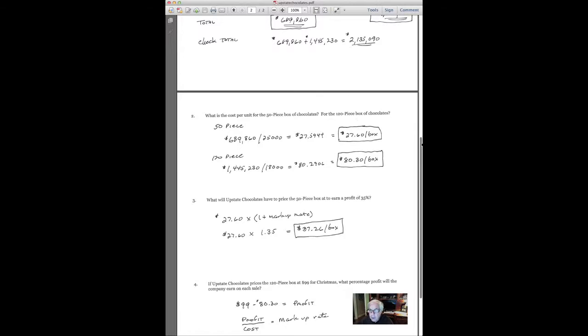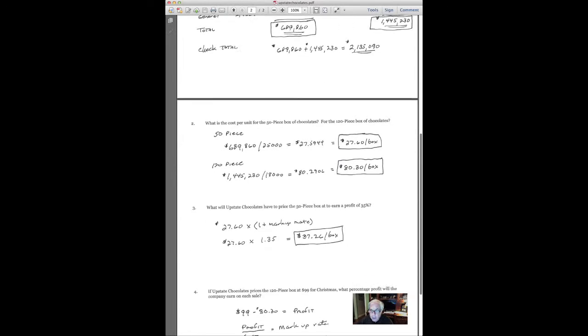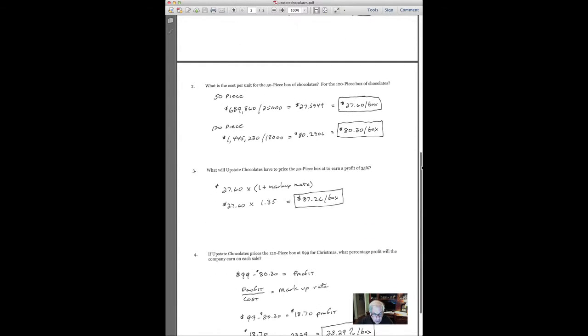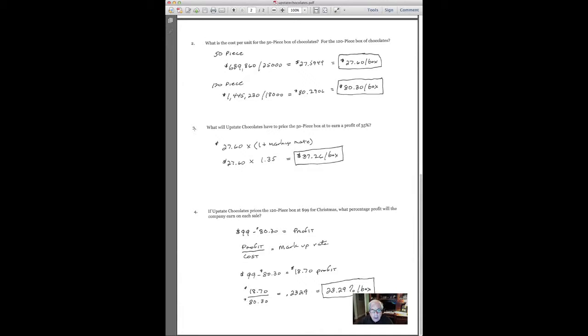And notice what I've been doing. I'm drawing little boxes around my answers. Sometimes you make me work awfully hard to find your answers. Try to make sure you do something like boxing them and make sure that all of the unit information is there. All right. Then item 3.